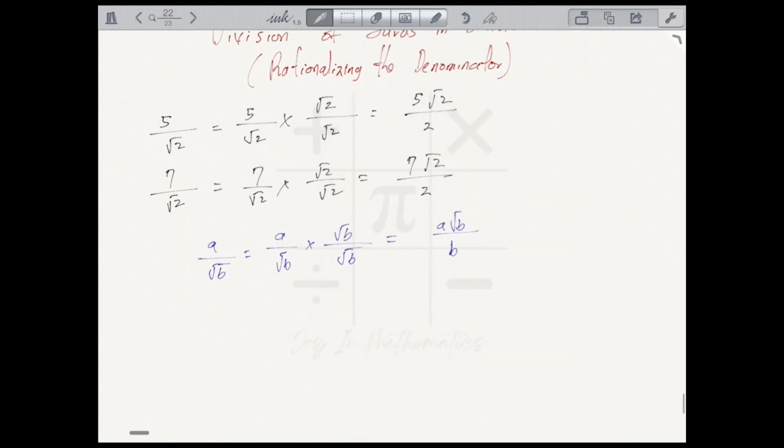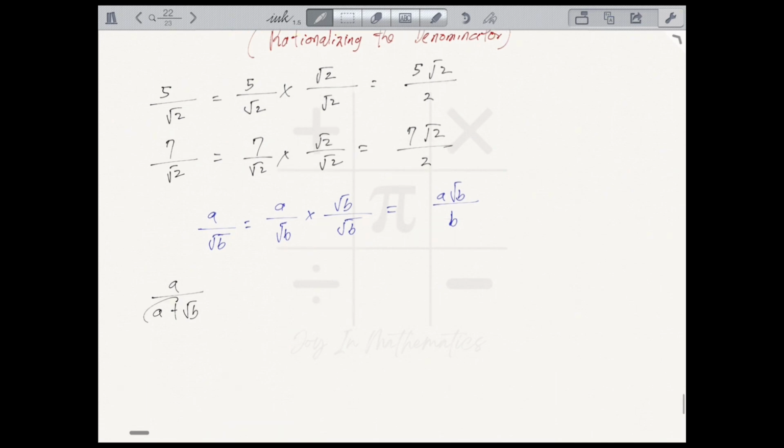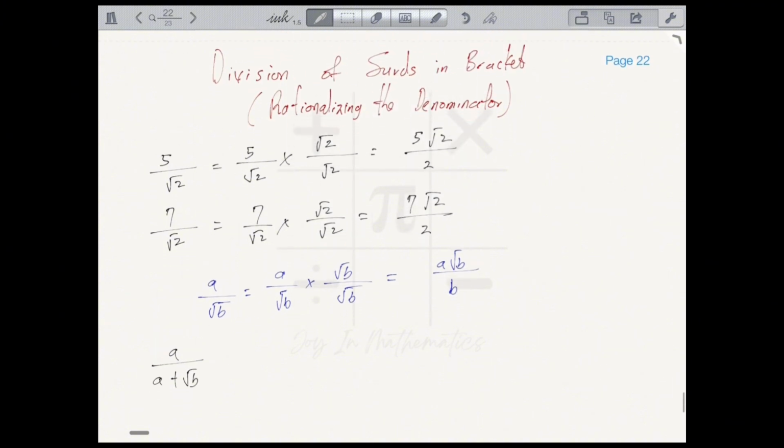However, what if we have, let's say, a divided by a plus root b? Now we notice something. This is no longer a single surd, but a surd in brackets. And in this video, we are going to look at division of surds in brackets.